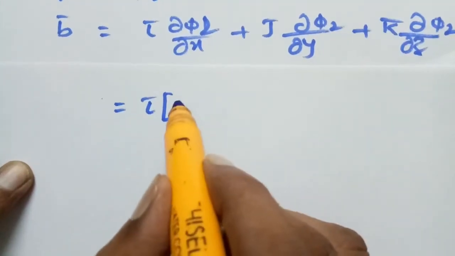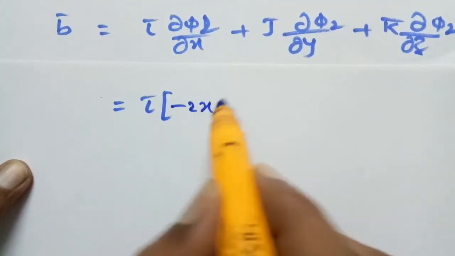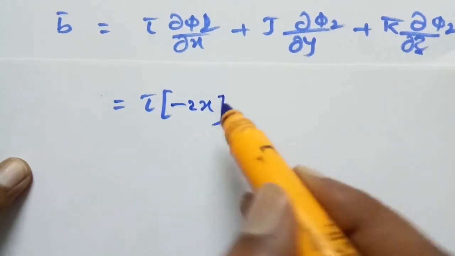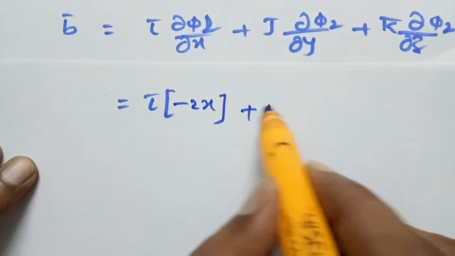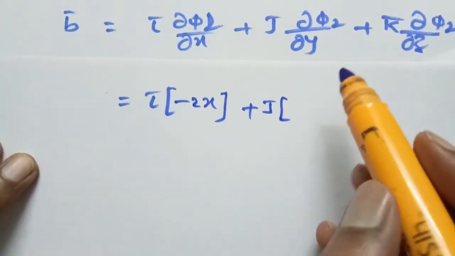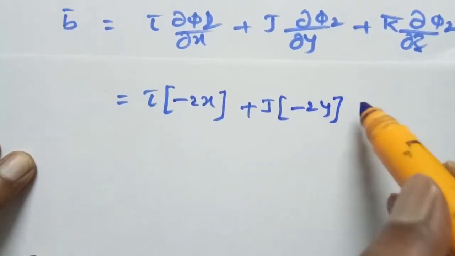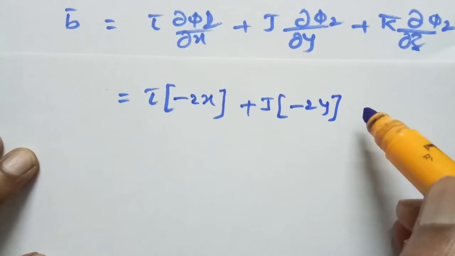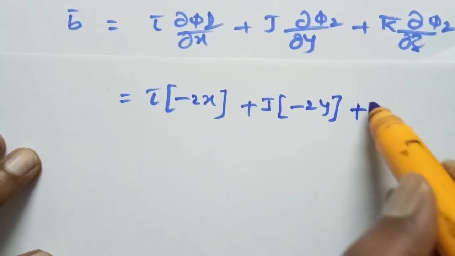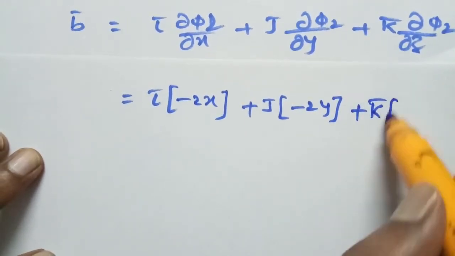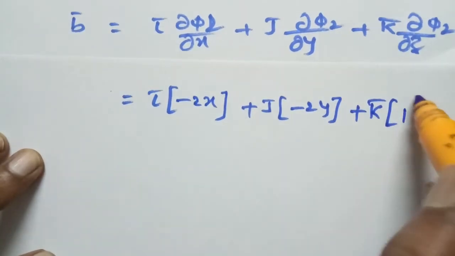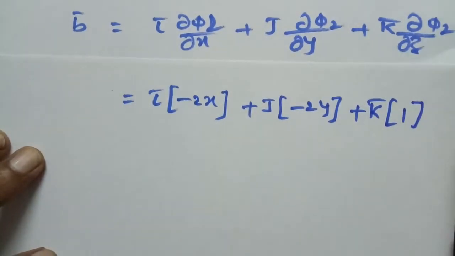So I bar into minus 2x, plus j bar into minus 2y, other derivatives being 0 as x and z are constants, plus k bar into 1 as x and y are constants.